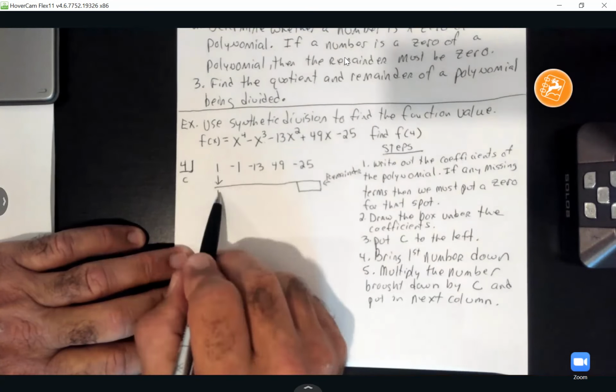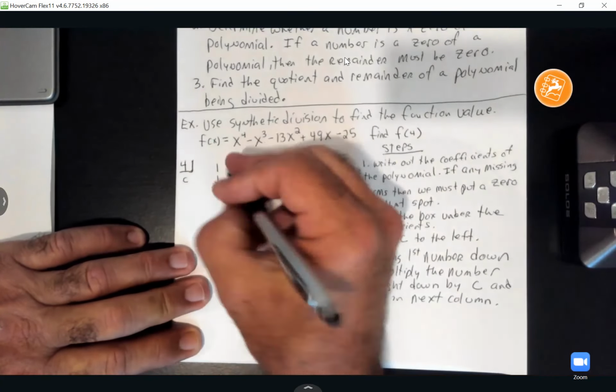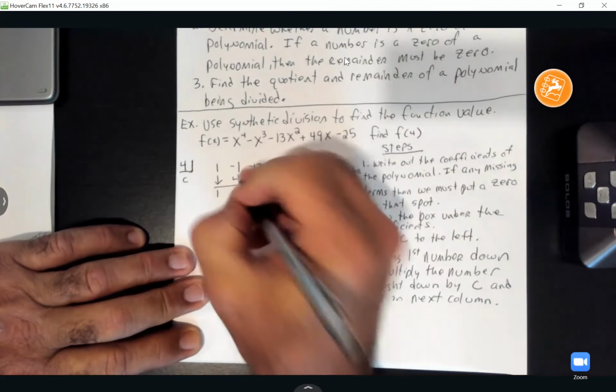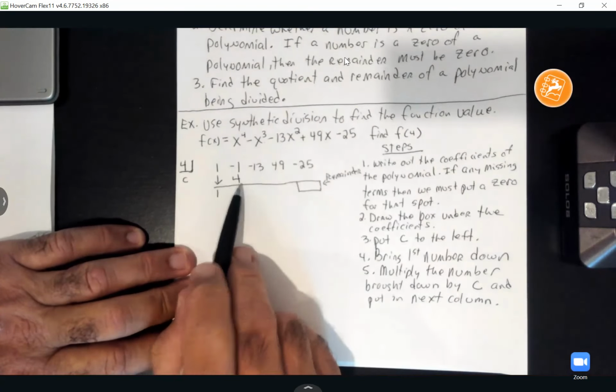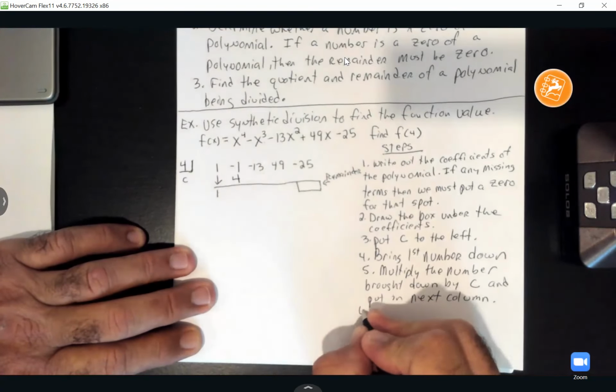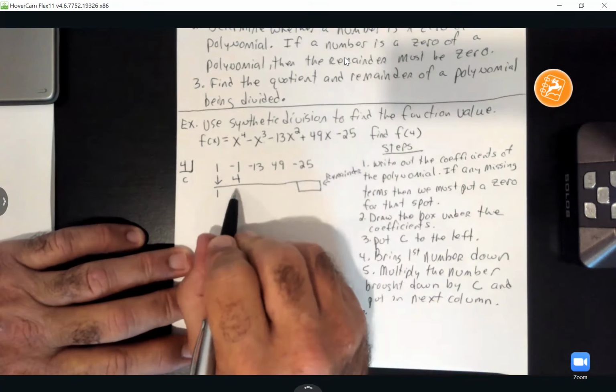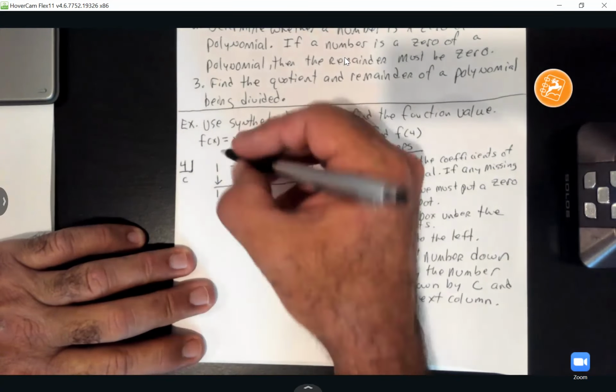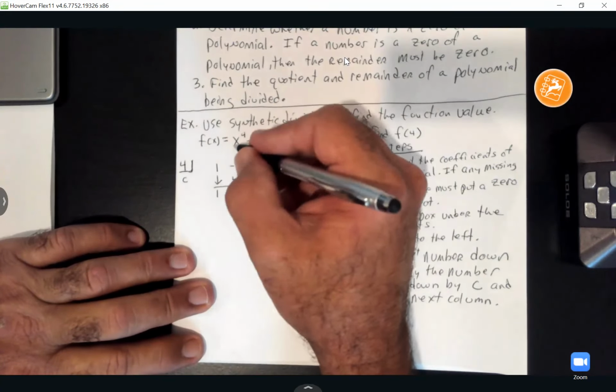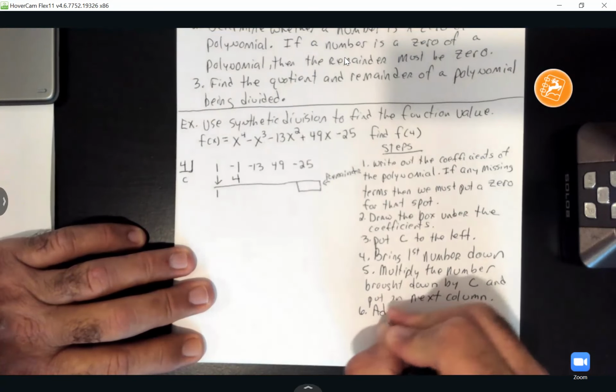All right, so I brought the 1 down. 1 times 4 is 4. So I'm now going to put that 4 into the next column. Now, to get the next number under the line, we're going to add this column.